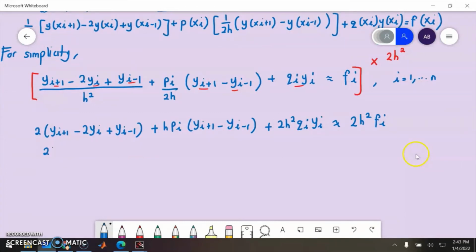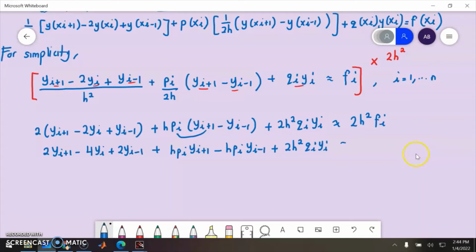Let's expand: 2y_{i+1} minus 4y_i plus 2y_{i-1}, plus h p_i y_{i+1} minus h p_i y_{i-1}, plus 2h squared q_i y_i equals 2h squared f_i.